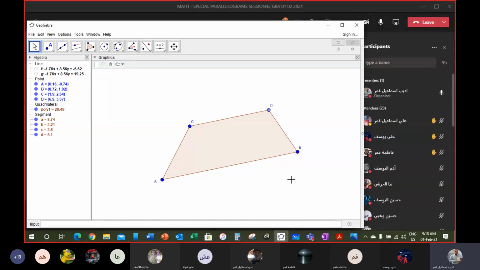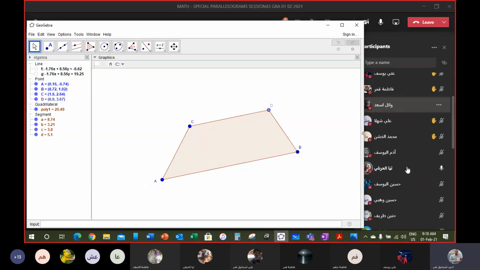What are the non-parallel sides? AD and BC.